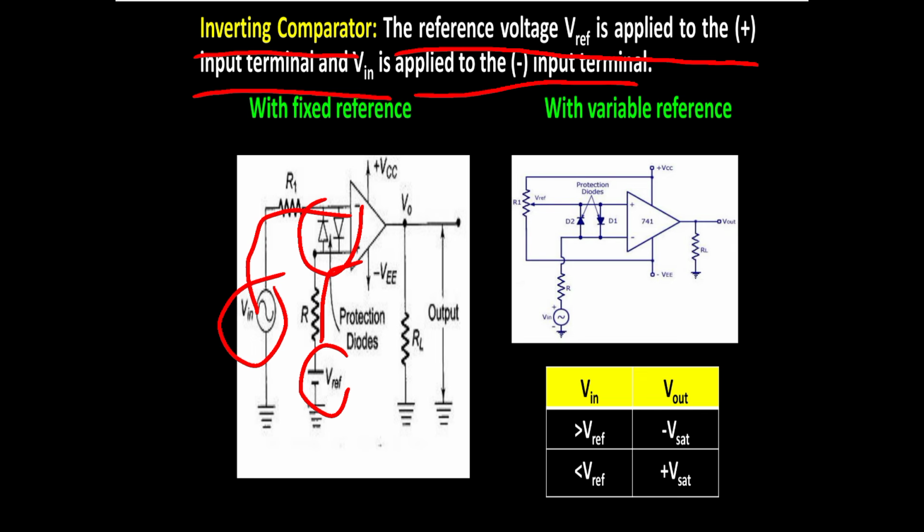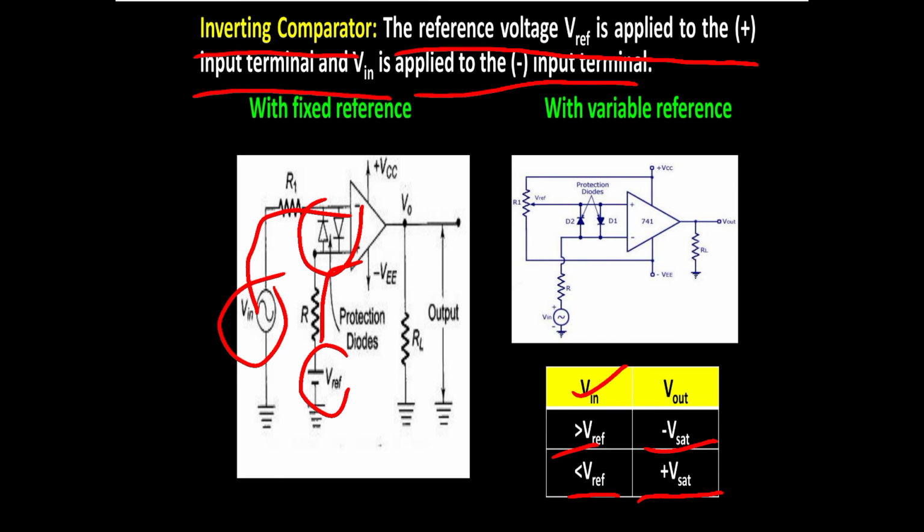This is exactly the same as the non-inverting comparator, except we are just interchanging the input terminals. If the input voltage VIN is greater than the V reference, then the output is minus Vsat, and if VIN is less than the V reference, then the output is plus Vsat.